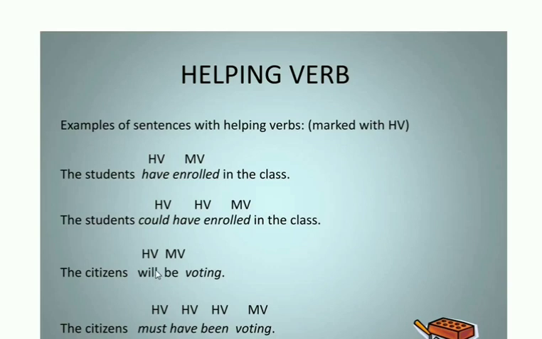Will is helping verb. Be voting is the main verb. The citizens must have been voting. Must have been. These are 3 helping verbs. Look here students, will and be, both are helping verbs, and voting is the main verb. Right?